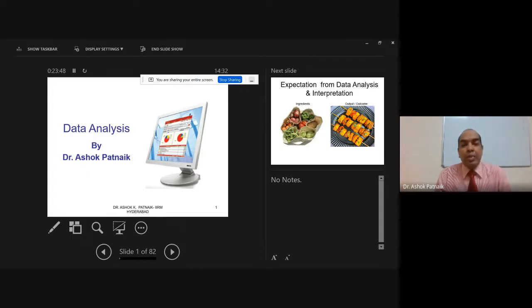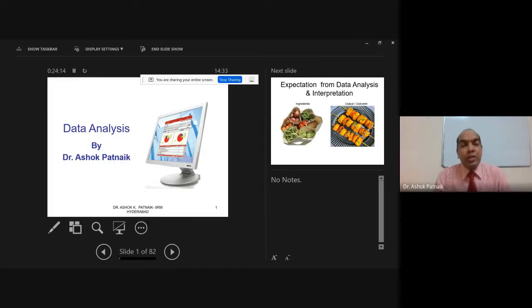But I'll try to do my part, and I'll try to do the basic things, because many researchers feel that whenever you talk about very statistical things in the beginning, they get disheartened and they develop a negative attitude towards the research and data analysis. So to start with, I'll just start with the basics, and slowly we'll progress towards the difficult part.